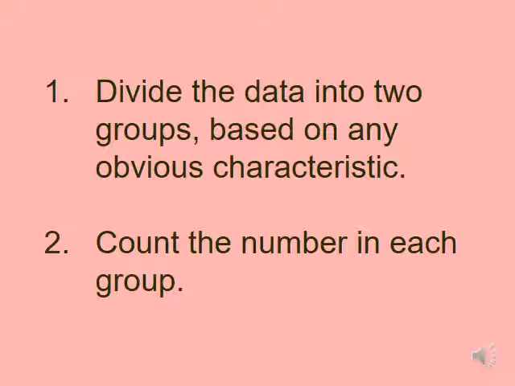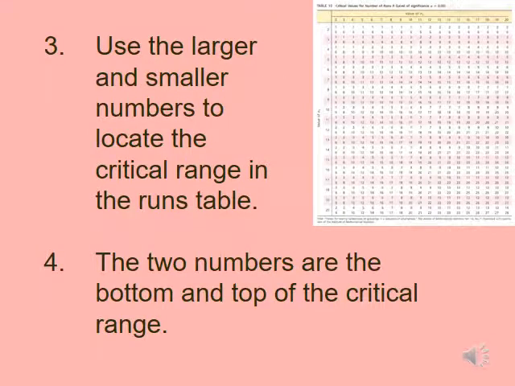The way I figure out what that critical range is going to be is, first of all, I divide up my group into two groups based on some obvious characteristic. This is kind of what I did with the sign test. I'm just going to count up the number in each of two different groups. And I'm going to use those numbers and go to that runs table that's in Canvas.